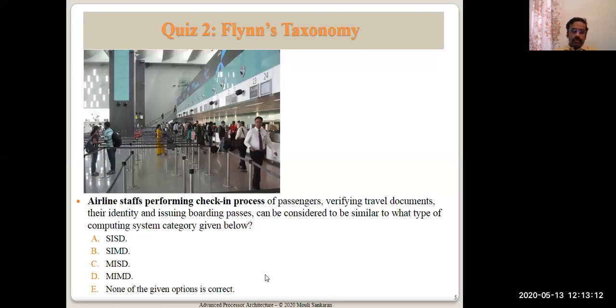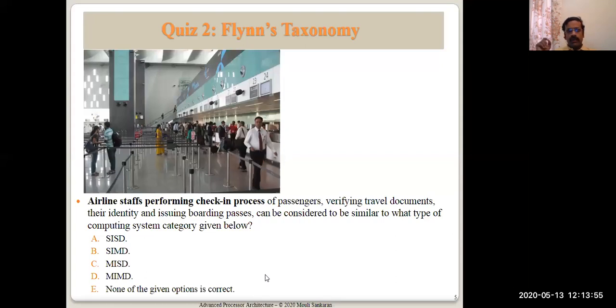Let me give a clue. From the airline staff perspective, I want you to answer. What do they do? They do something with the passengers. So how do you map it to a CPU? Here the CPU is the airline staff. While you are answering, let me ask a question.